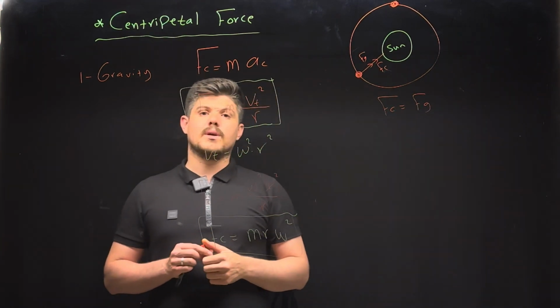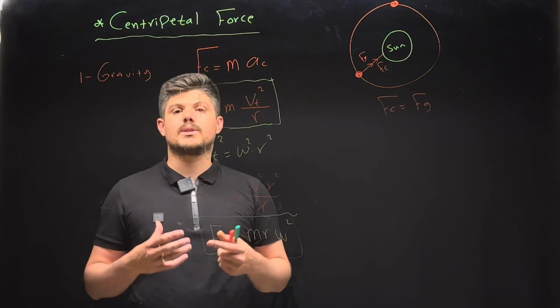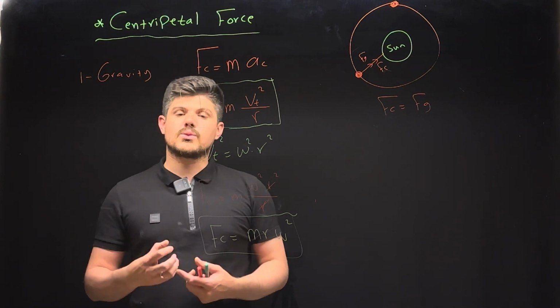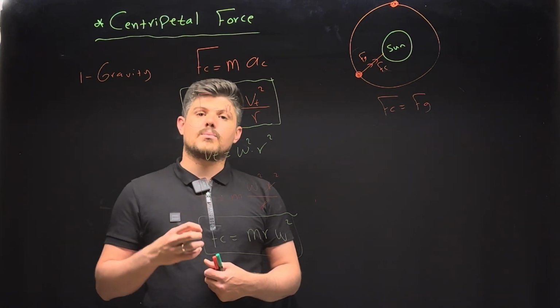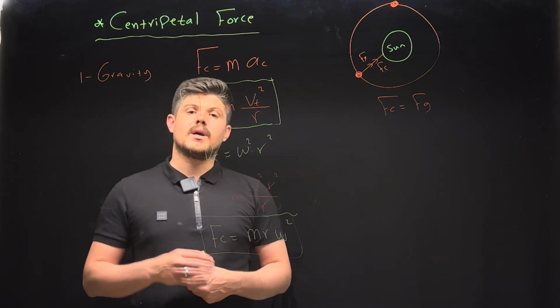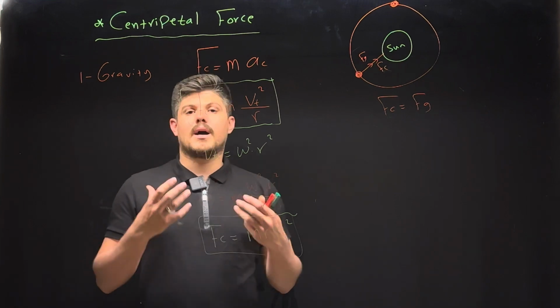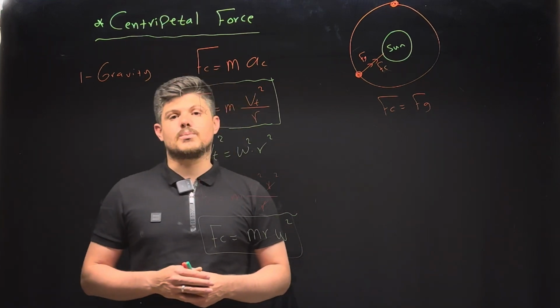Another example, the artificial satellite. When it is orbiting around the Earth, the force that maintains the artificial satellite orbiting around the Earth is the gravitational force between the artificial satellite and the Earth, which is the centripetal force.